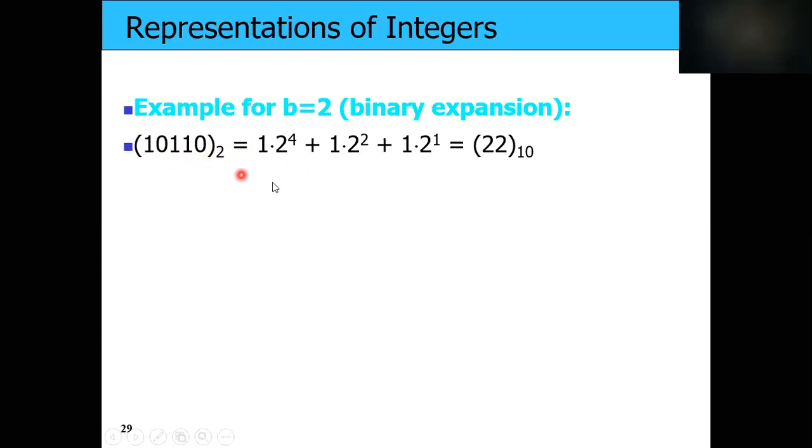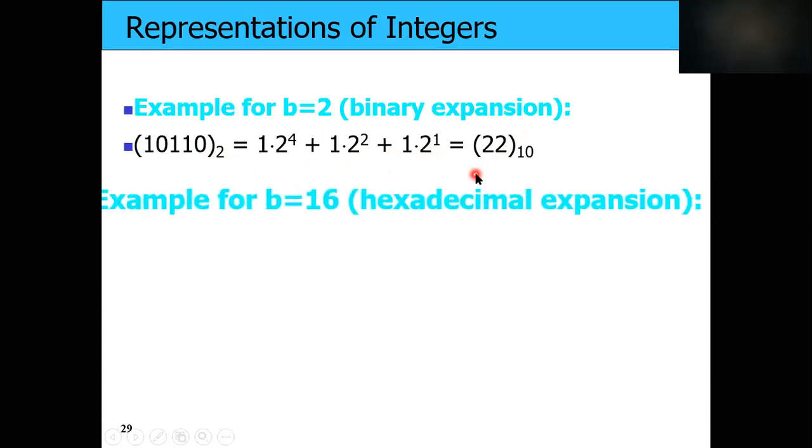Then plus 1 into 2 power 1, then plus 0 into 2 power 0. I did not write all the terms multiplied by 0, because the result is already 0. If you add all these, you will get 22, in decimal, base 10.